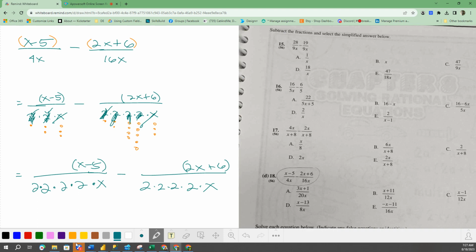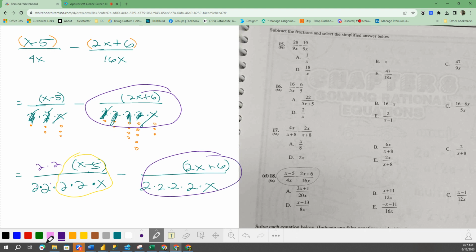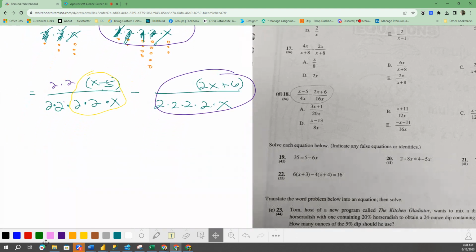Okay, so we will circle now. So this is x plus 5 and then 2 x's. So it's this one. So what that means is you need to multiply the top by 2 times 2. Now the numerator on the second part, these are exactly the same. We have 4 2's and 1 x. So that's exactly the same. You don't have to do anything about that. All right, so now we need to multiply.